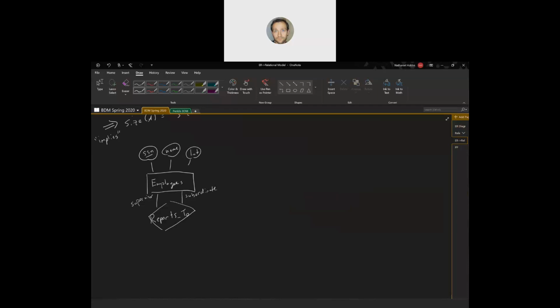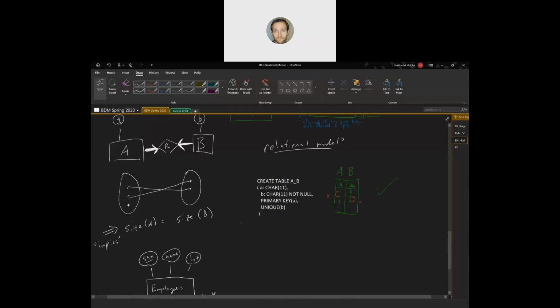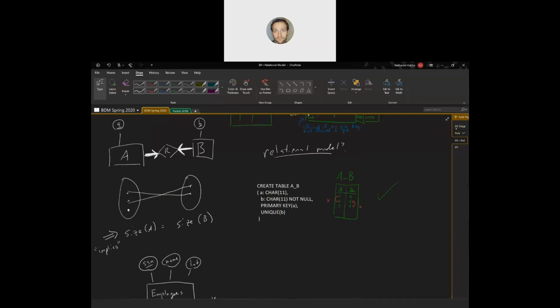Oh, what would be an example where you would use a unique key? I think we had an example up here, did we not? Let's go to the relation here.